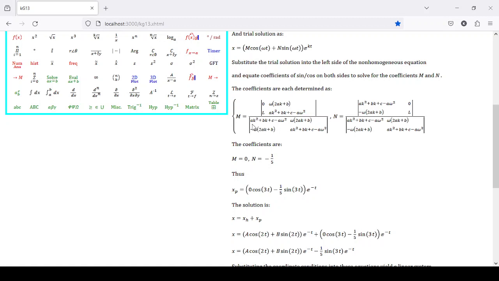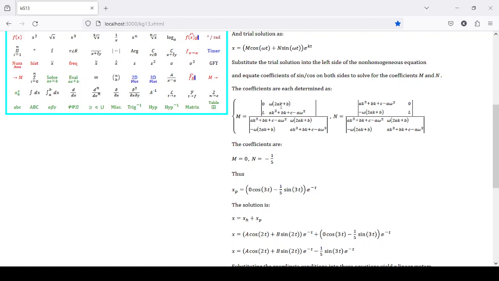So if this quadratic is 0 and 2ak plus b is also 0, then we have quite some simplification here to determine m and n. That means we will have minus omega a squared, minus a omega squared there, minus a omega squared here. We have 0 here, 0 here. The same applies there.